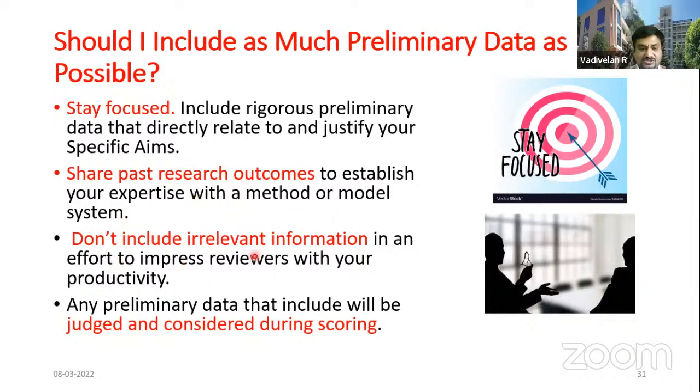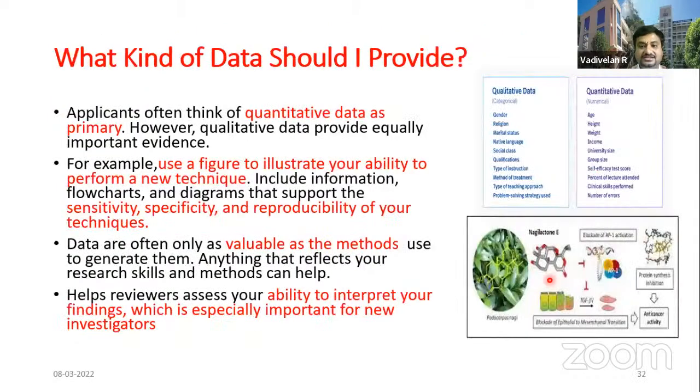As I told you, don't include irrelevant information in an effort to impress reviewers with your productivity. We may think we are giving huge information, but if it is irrelevant, it's not useful. That's what I'm saying, share the past research outcomes and then focus. And always remember that the preliminary data will be judged and considered in the scoring of your grant.